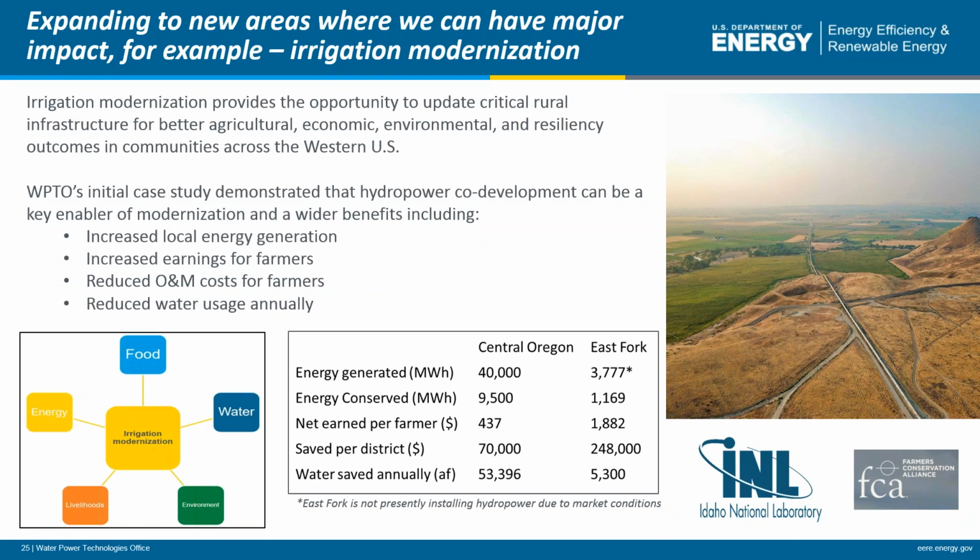decreasing losses from evaporation. So once we completed that case study, we thought, where can we go from here? And right now we are working with INL and Pacific Northwest National Lab to scale this work up to apply to a greater geographic area in the Western U.S., building on what we learned from the case study and talking to stakeholders about the physical and jurisdictional factors that influence an irrigation district and its modernization planning.